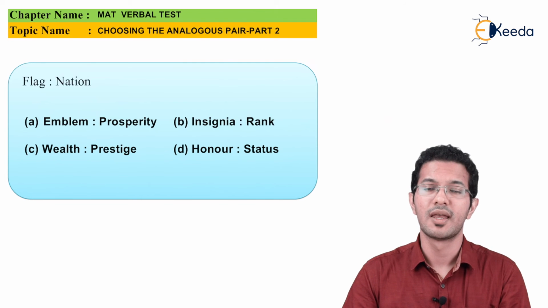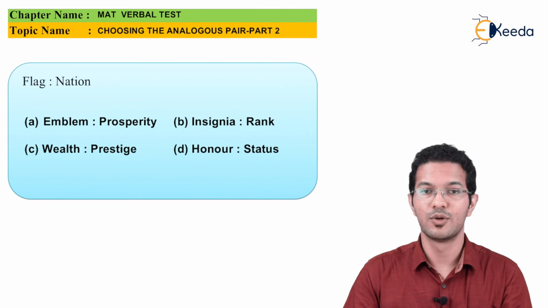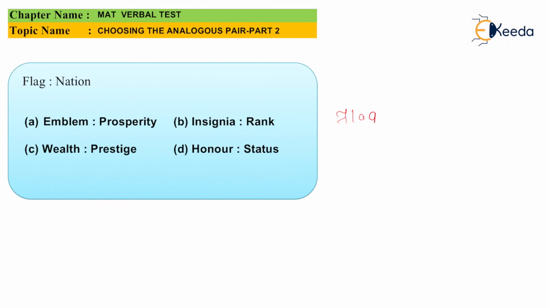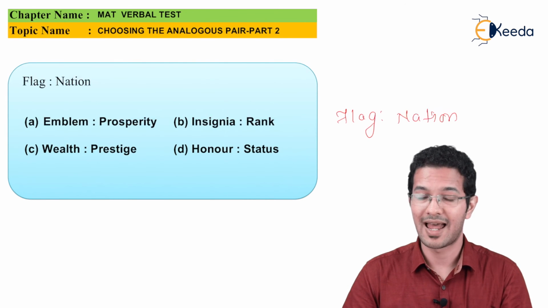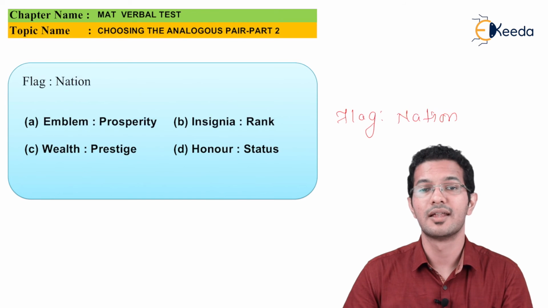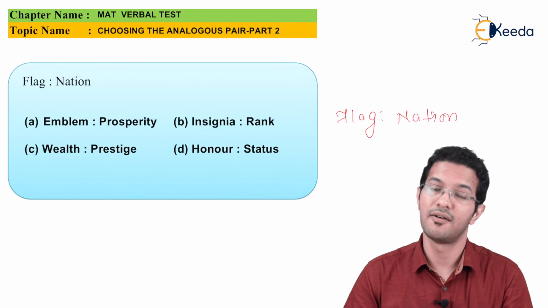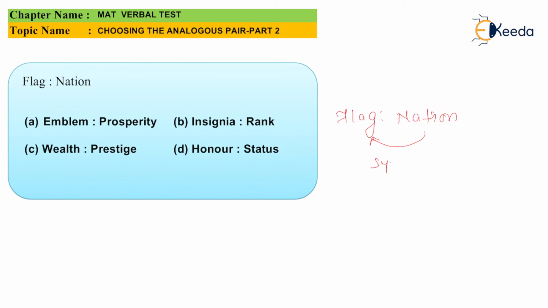Let's see the next MCQ. It says that flag is related to nation. So if we see the question, it says that flag is related to nation. Hence, nation is symbolized by a flag. So the options say that emblem is related to prosperity, insignia is related to rank, wealth is related to prestige, whereas honor is related to status.